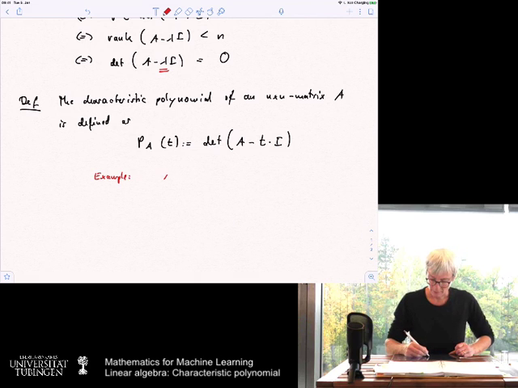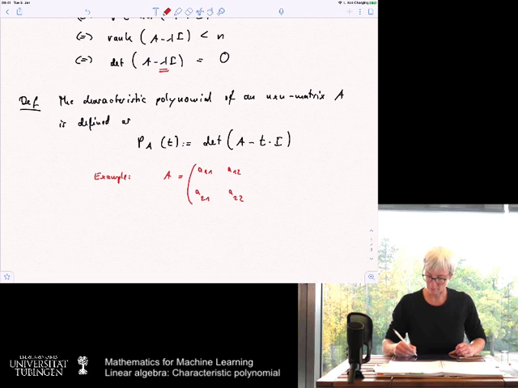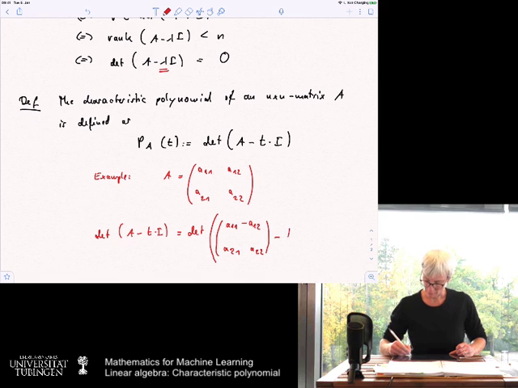If we have A as a11, a12, a21, a22, just a 2 times 2 matrix, then what is the determinant of A minus t times the identity? It's the determinant of, I write it once more, the matrix a11, a12, a21, a22, so this is A, minus t times the identity, so this is the identity matrix 1, 0, 0, 1.